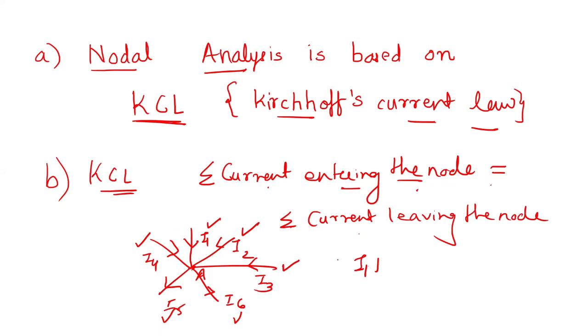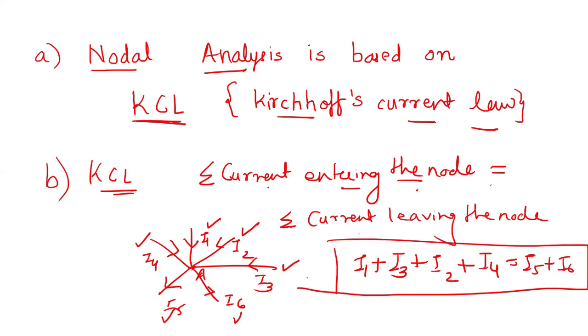So the algebraic sum of current entering the node is I1 plus I2 plus I3 plus I4, which is equal to the algebraic sum of current leaving the node. What is leaving the node? I5 and I6. I5 plus I6. So this is the KCL equation.